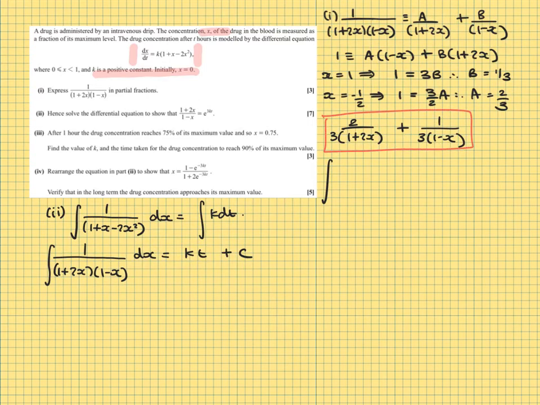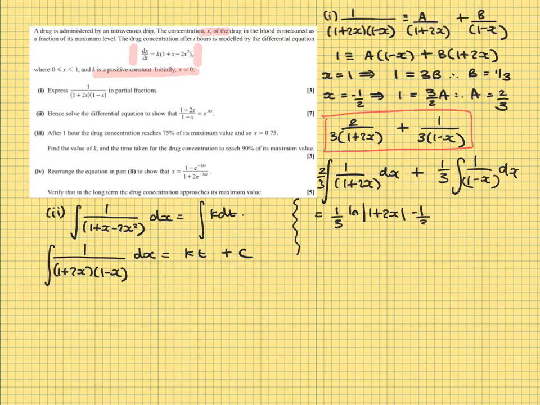So the integral is 2/3 the integral of 1 over 1 plus 2x dx plus 1/3 the integral of 1 over 1 minus x dx. So that integral would be 1/3 ln mod 1 plus 2x minus 1/3 ln mod 1 minus x.